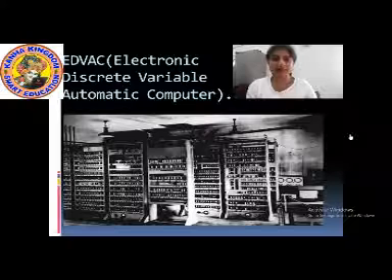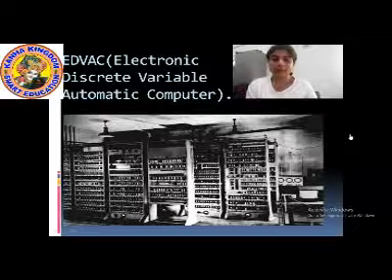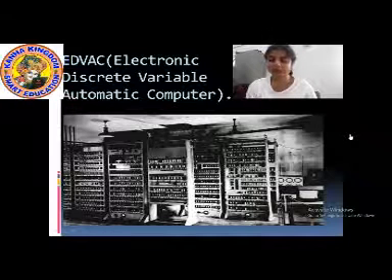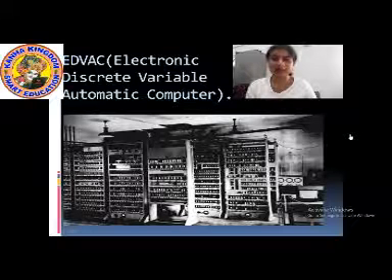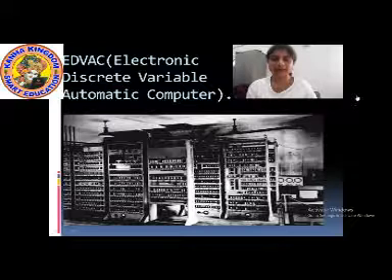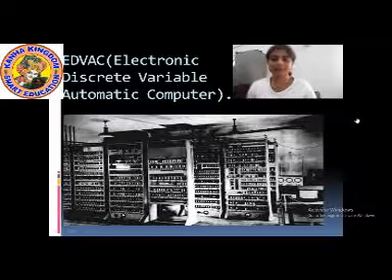This is the picture of a UNIVAC. The full form of UNIVAC is Universal Automatic Computer. This was also a huge computer. These three computers were the computers of the first generation. Now let me tell you about EDVAC and its features.